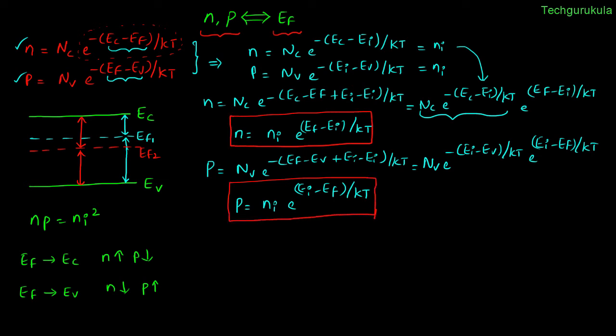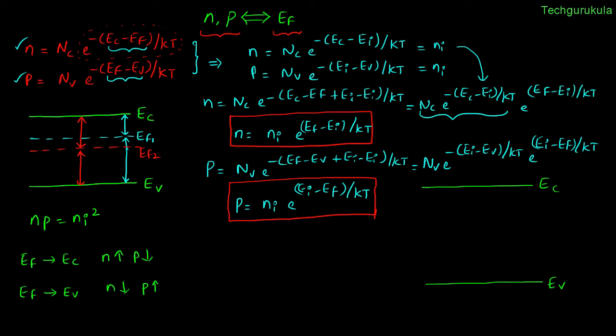So let us understand these two equations in terms of the energy band diagram, where we take the bottom edge of the conduction band to be Ec and the top edge of the valence band as Ev. Now our reference is no more the Ec and Ev, just like in the previous case. Now it is Ei. The Fermi energy level is with respect to Ei.